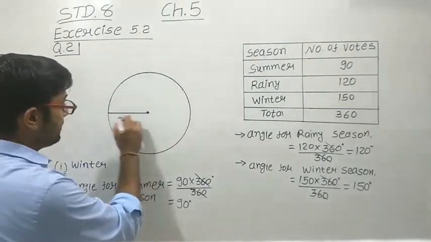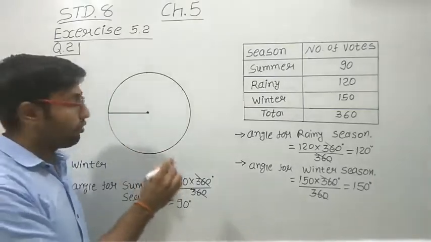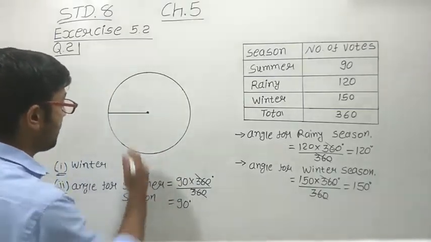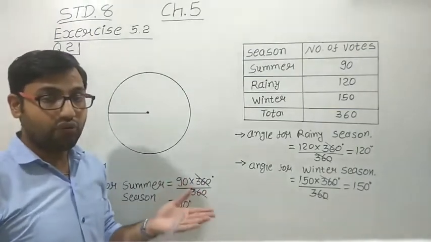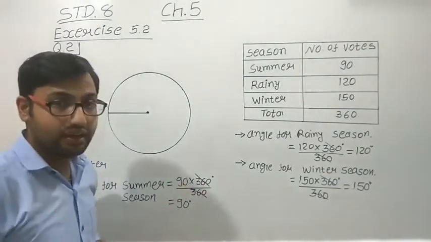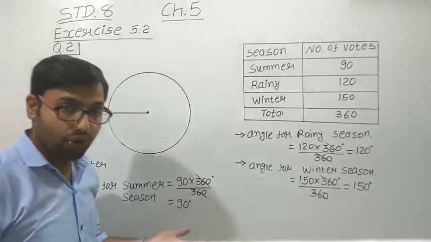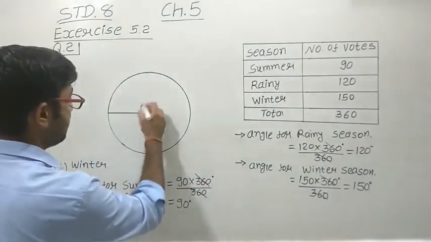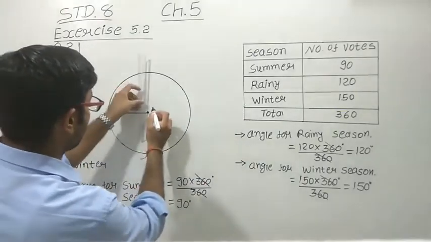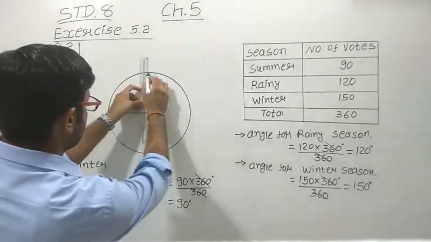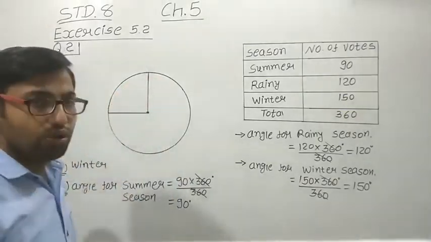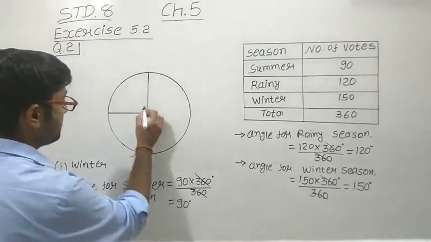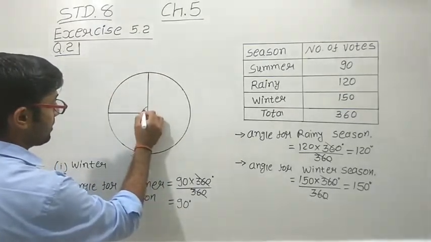When we take this one arm, we have to construct another arm. So using whatever you have to measure the angle, you can use the protractor. You can measure the 90° angle here, and you can draw this other arm of the angle. We can also call it the radius.